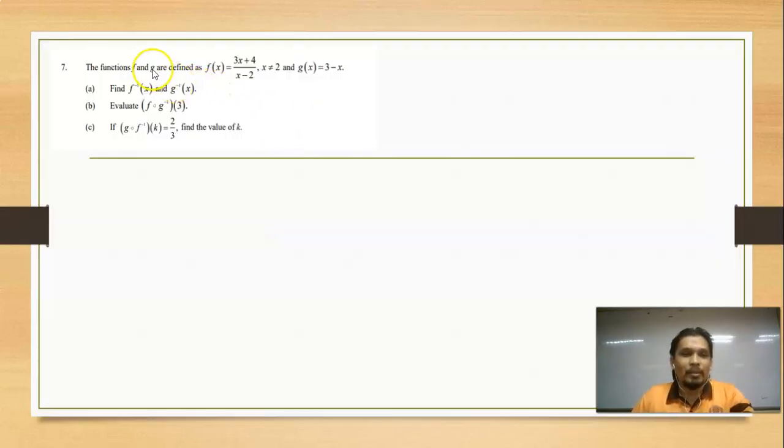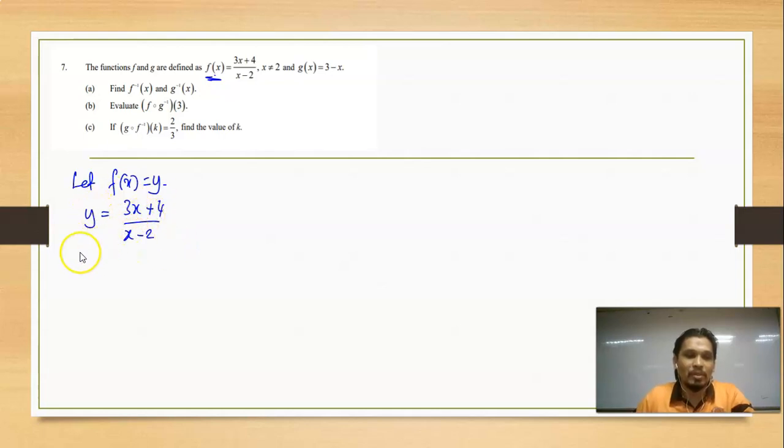Now, for the functions f and g defined here, find f inverse and g inverse. So let f(x) equal to y. y equals 3x plus 4 divided by x minus 2, cross multiplied here, we come up with xy minus 2y equal to 3x plus 4. So bring this 3x to the left side and this 2y to the other side.